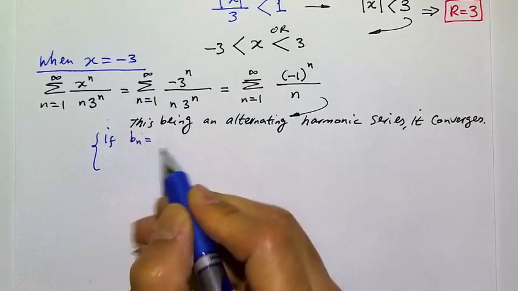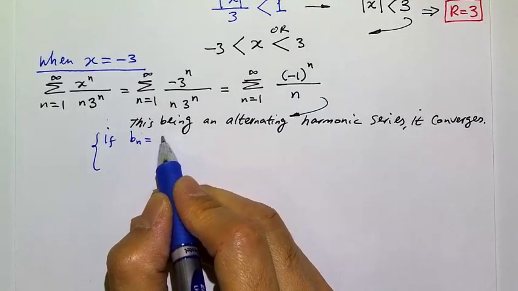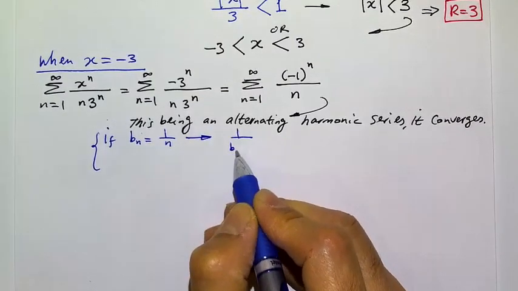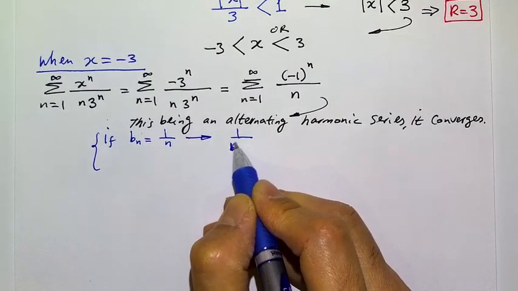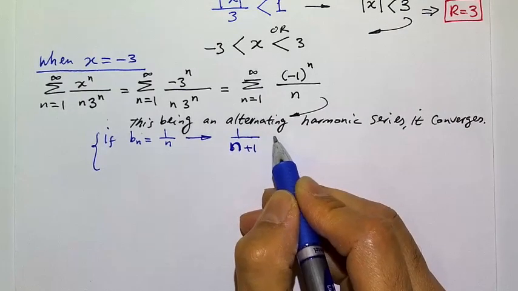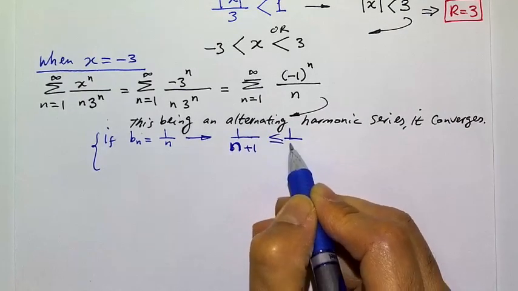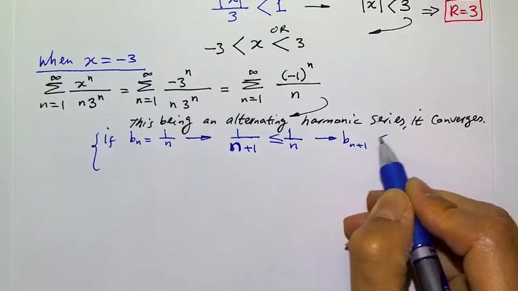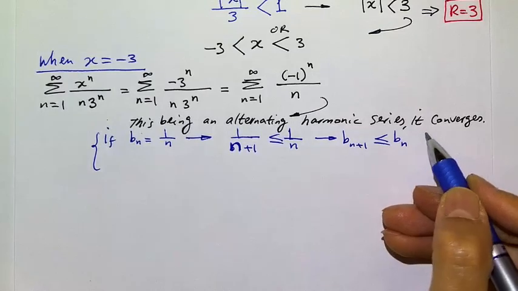If Bn is equal to 1 over n, we can easily see that 1 over n plus 1 is less than or equal to 1 over n, which means Bn plus 1 is always less than or equal to Bn.